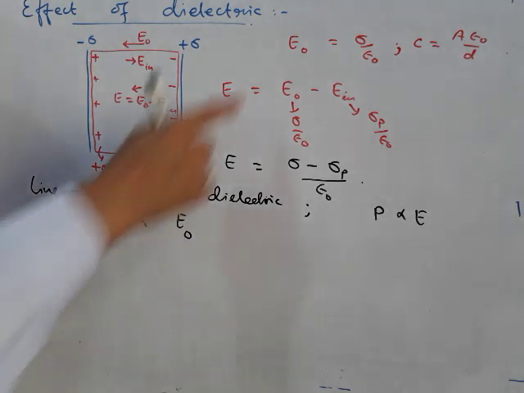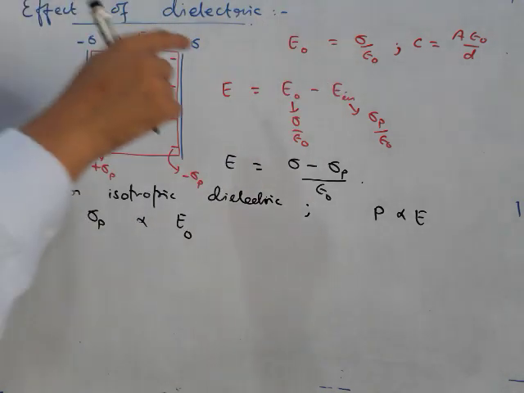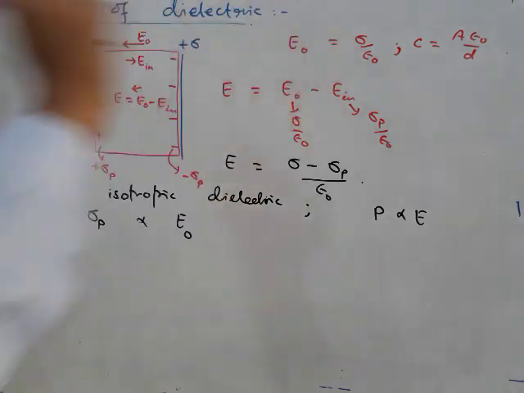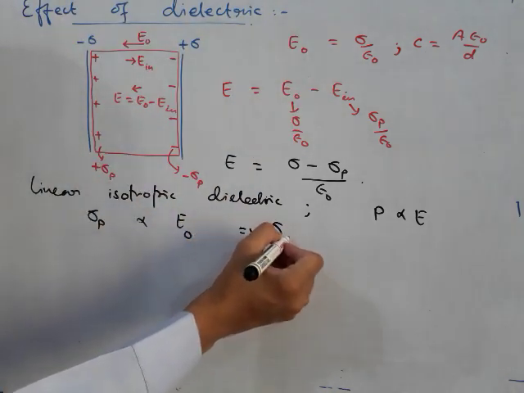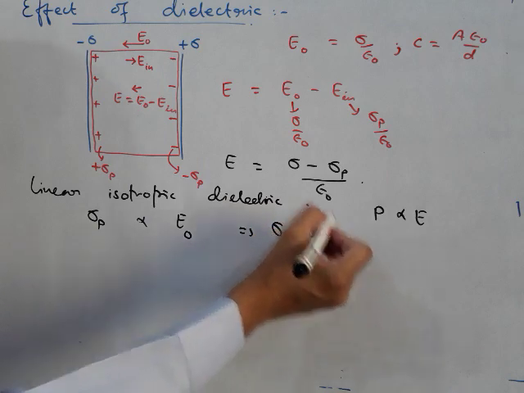But what is E naught? E naught is sigma upon epsilon naught. That means I can say E naught is proportional to sigma. So this implies sigma p is also proportional to sigma.